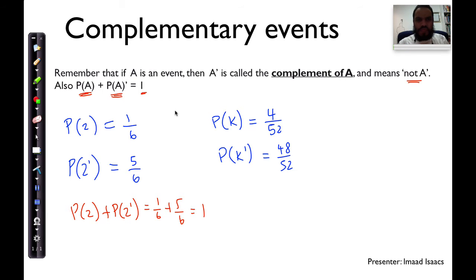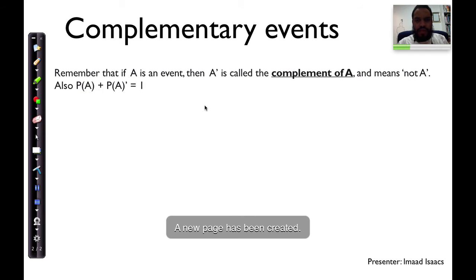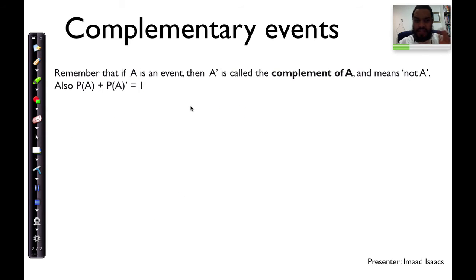Okay. Now, let's give you another example. I'm going to make things a little bit complicated here.